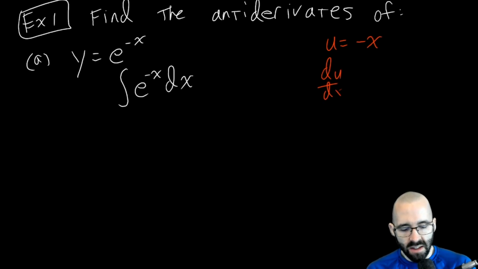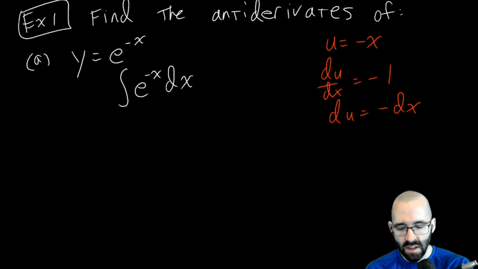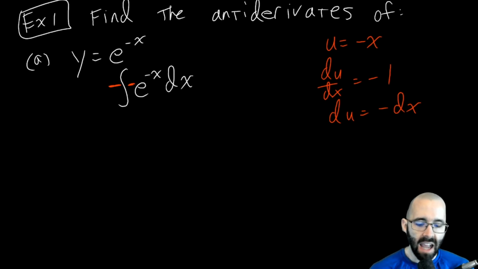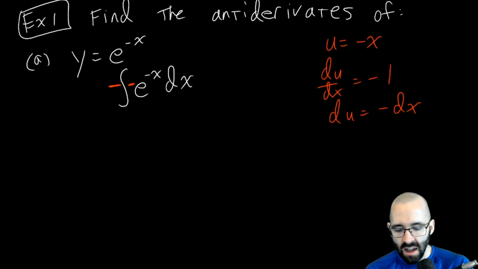So we get du/dx is just -1. So du is just negative dx. All we have to do is say, well, two negatives multiplied by each other equal a positive, so we can add a negative. And now, this negative plus this dx, everything underlined in blue, is just du.